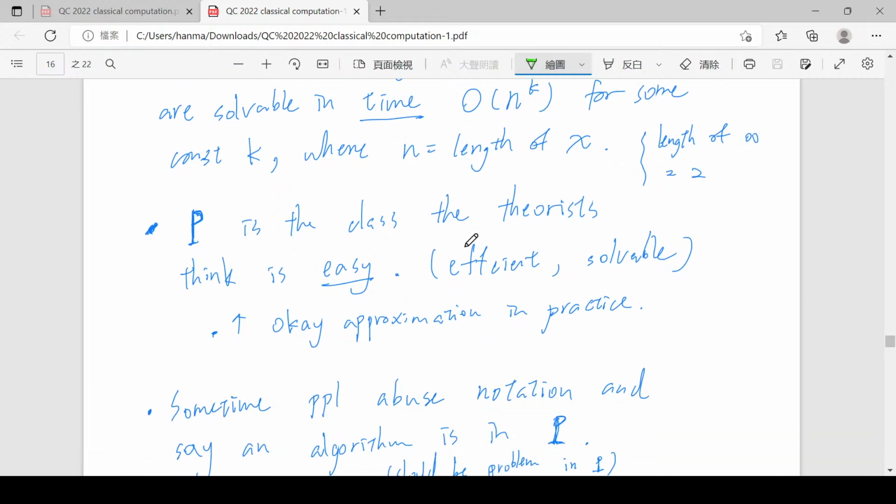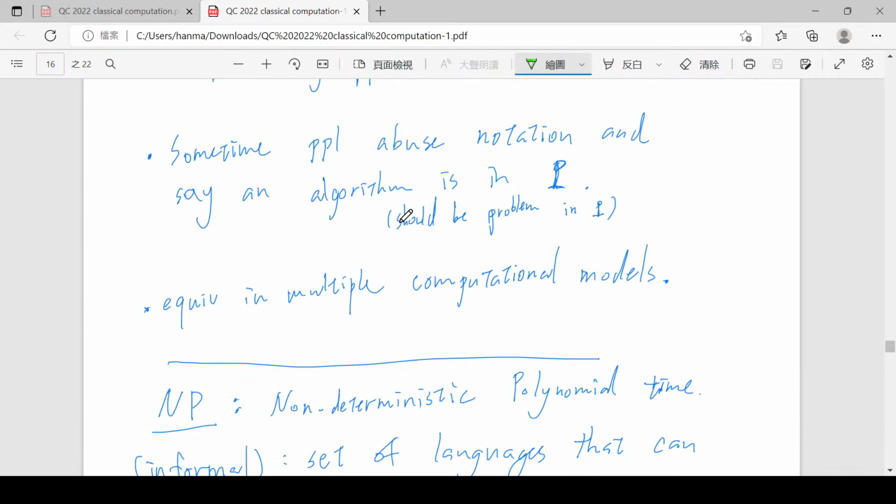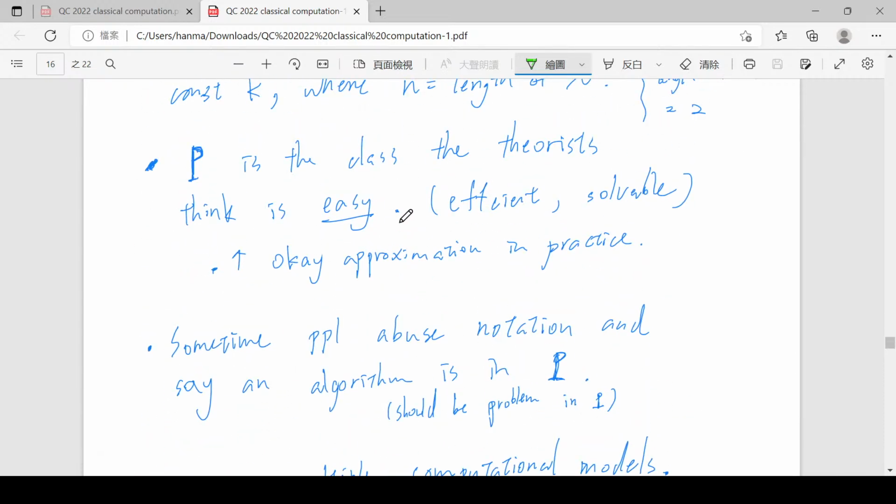So in practice, usually when a problem is in P, we can have a pretty practical algorithm to solve it, although there are edge cases where this is not practical.